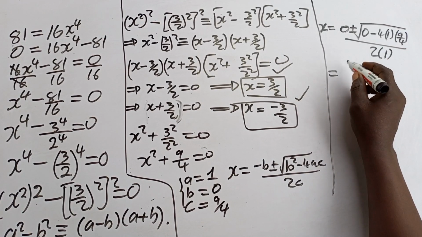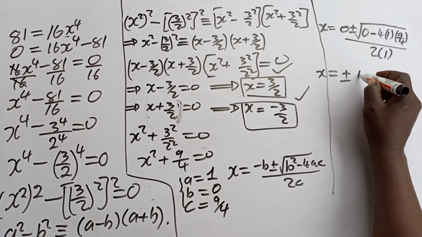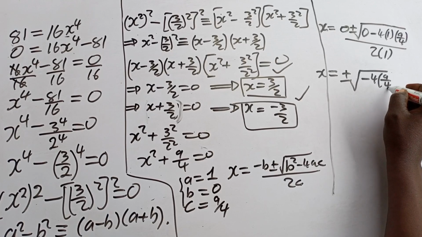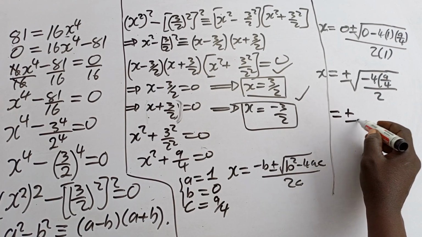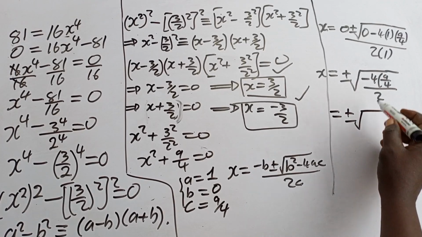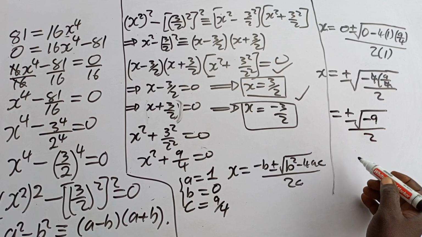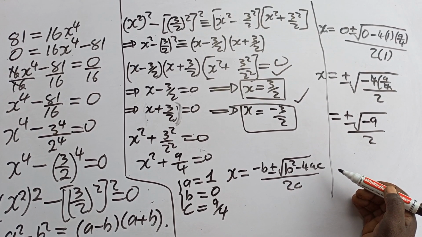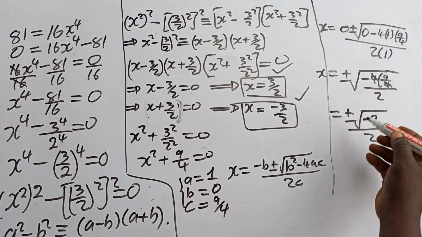So that gives us x equals plus or minus the root of negative 4 into 9 all over 4, all over 2. Alright, that gives us plus or minus the root of, 4 cancels there, negative 9 all over 2. This is the root of negative 9, and roots of negative numbers do not exist in the real number line. So we expect to have complex roots there.